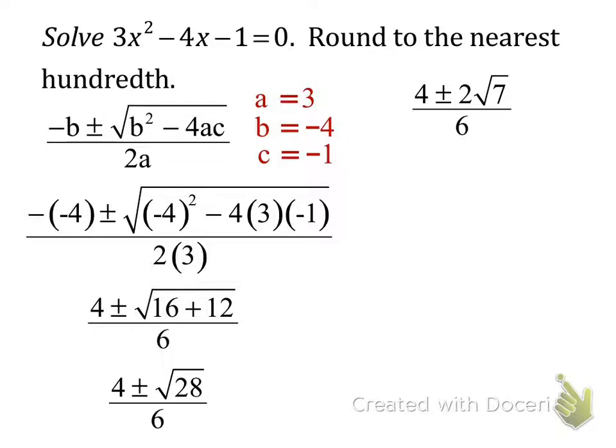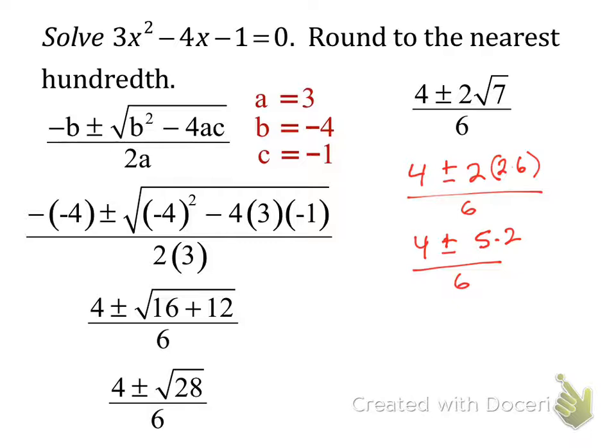If I'm estimating this to be 4 plus or minus 2 times 2.6, I'm forgetting my 6, all over 6. I'm doing 4 plus or minus, what does that become, 5.2, all over 6. This becomes what?